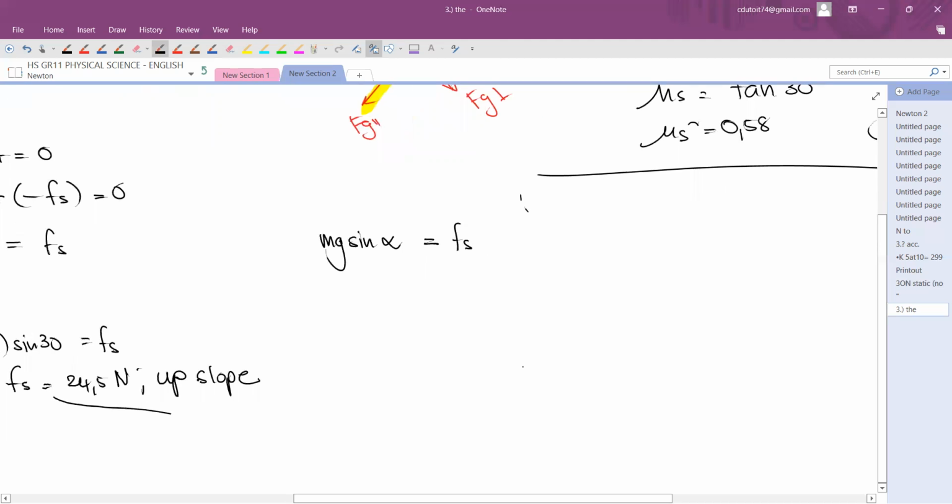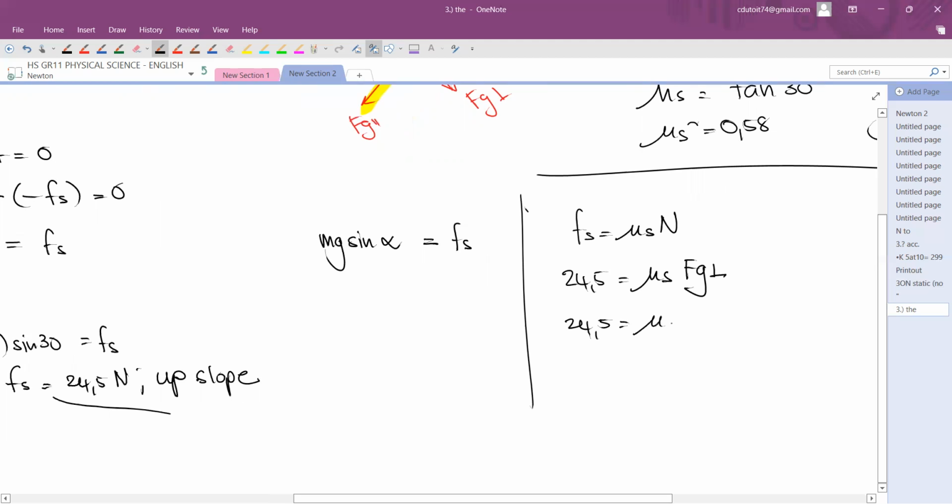You'll say that the frictional force is the coefficient of static friction times the normal force. And then you say, I've got the static friction. It's 24,5 equals mu s, and the normal force is Fg perpendicular. So 24,5 is the coefficient times mg cos 30.